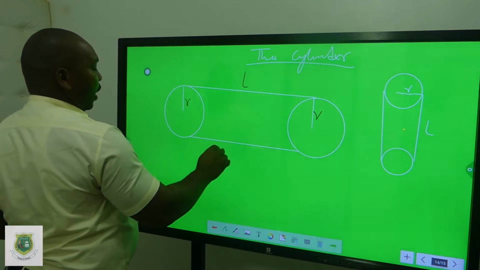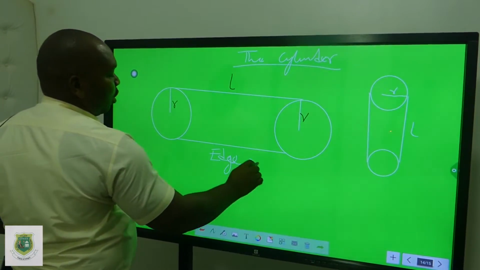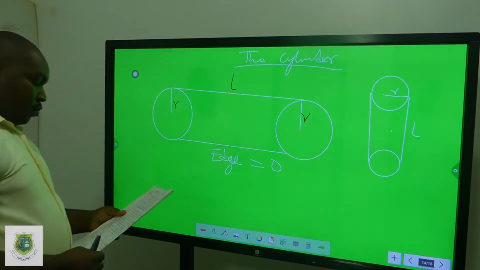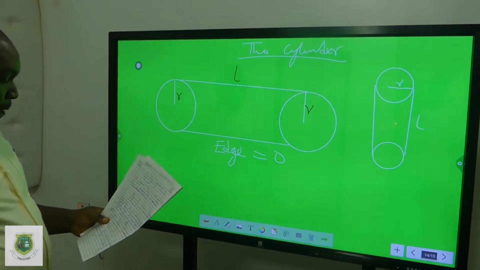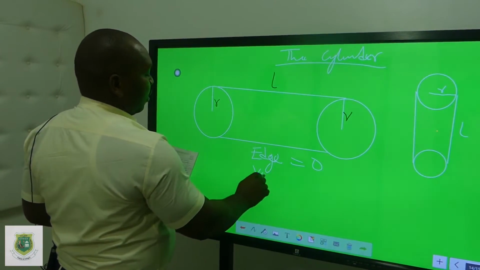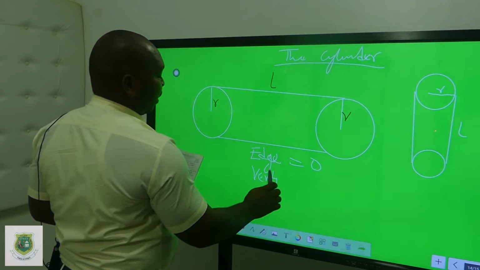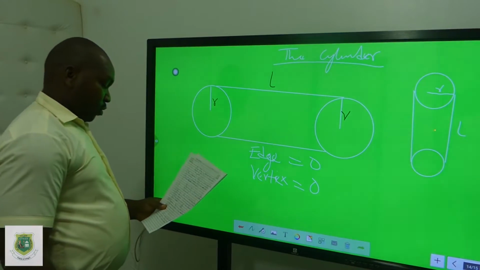It has no edge. Number of edges is 0. And no vertex. The number of vertex is also 0.